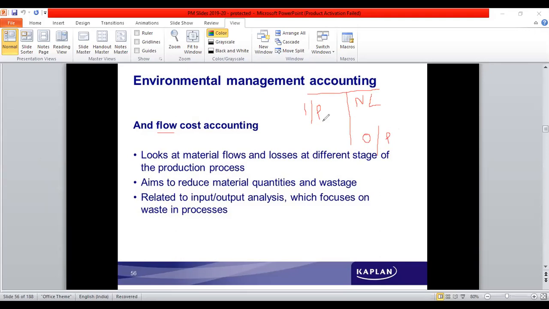So we see that all input would not be ultimately converted into output. Rather, some of them get lost because of the process. The nature of process is such that a percentage of the amount of material gets wasted. It gets lost. So because of normal loss, we see that the output is less than the input.